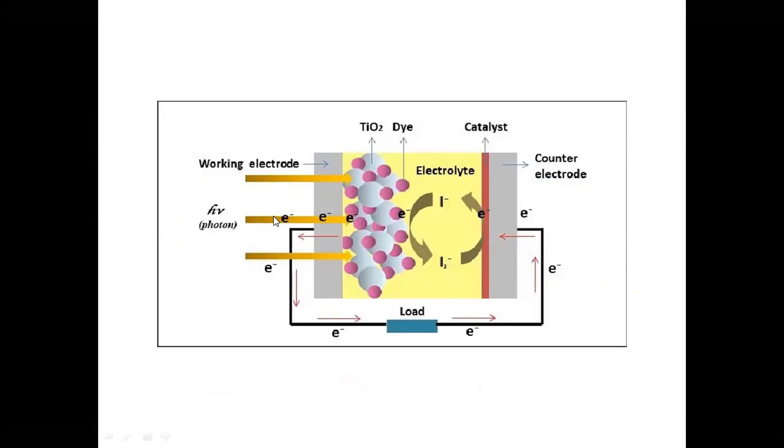When there is a fall of photons on this material, here you can see this is the titanium oxide. This is one of the nanomaterials, and we have also synthesized it in our lab. And this is the dye, and the whole setup helps to transport the electron.